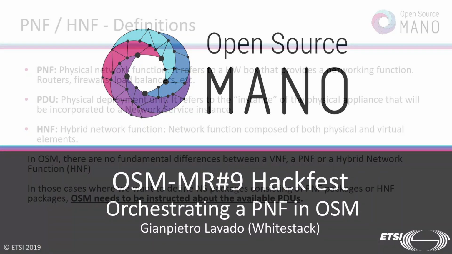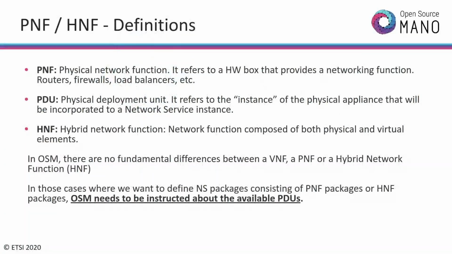So in some terminology, PNF is a physical network function. It's the equivalent of a virtual network function, but physical, it refers to an appliance. PDU is a physical deployment unit. We can call it an abstraction of the PNF. So it's an instance of the appliance that will be used in our network service. HNF is a hybrid network function.